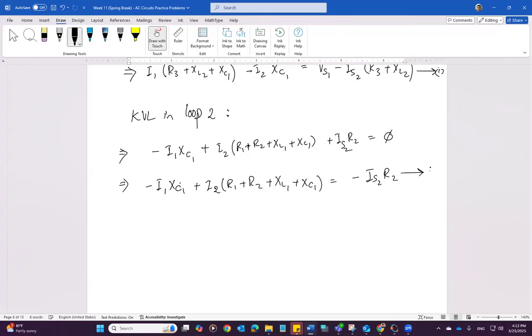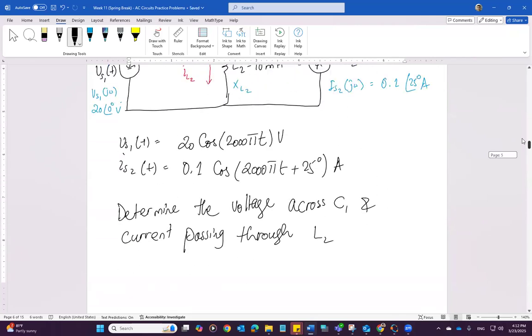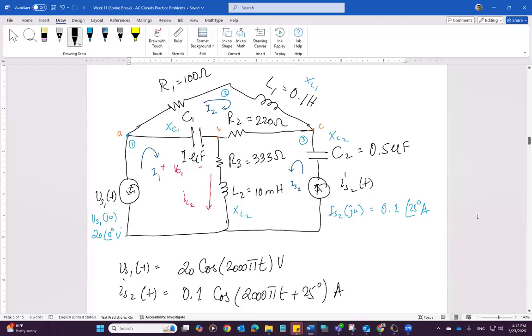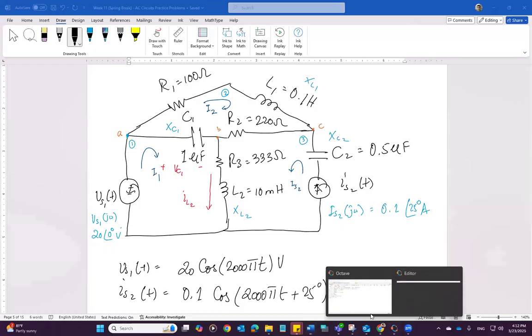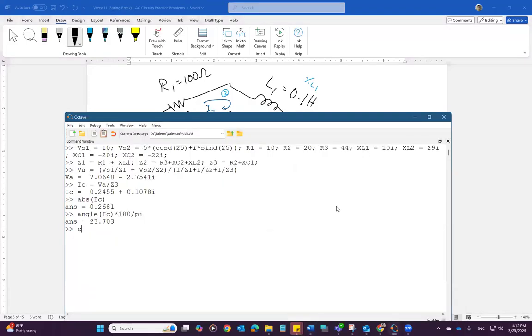And that is my equation number 2. Once I solve these 2 equations, I'm going to find the values of the 2 loop currents. And once I have those, of course, I can easily find the capacitor voltage 1 and inductor current.